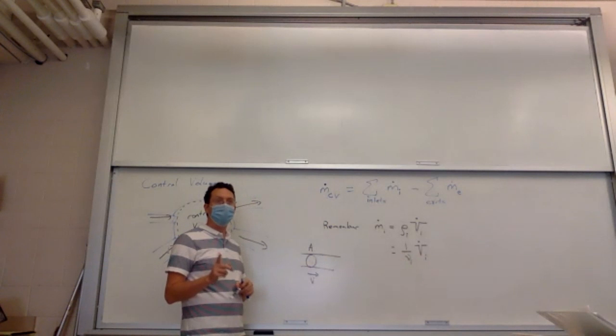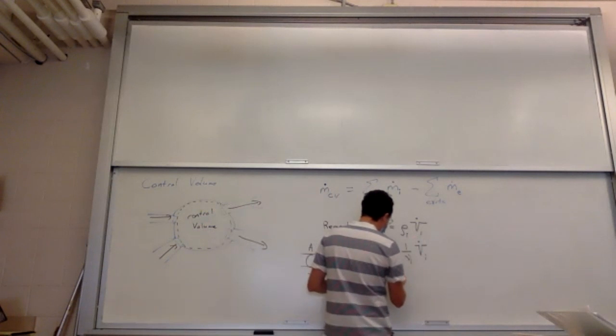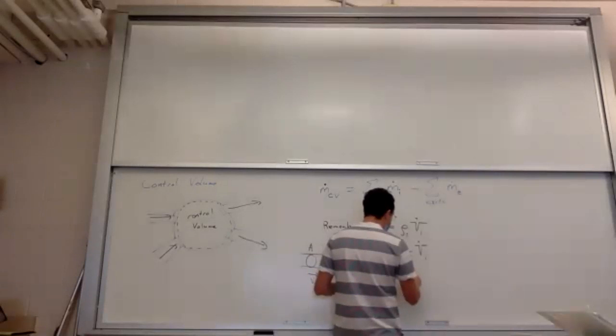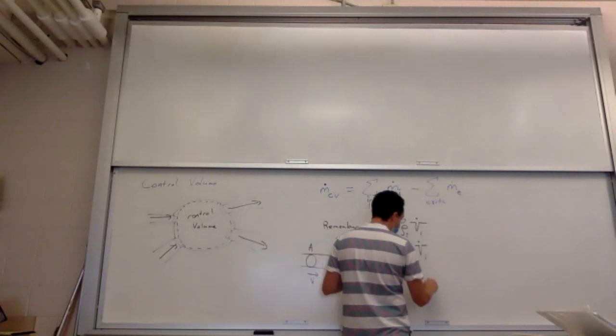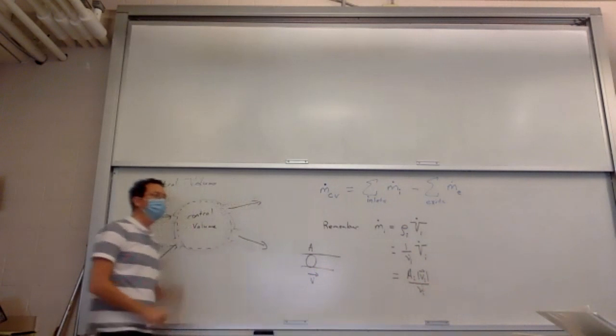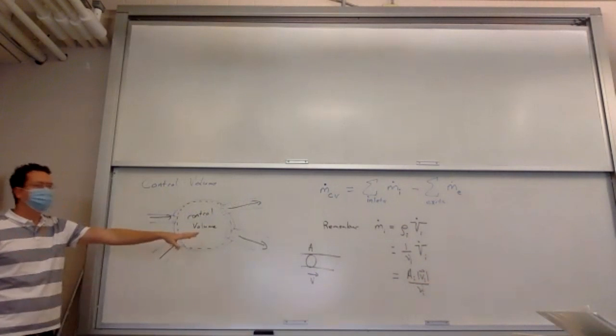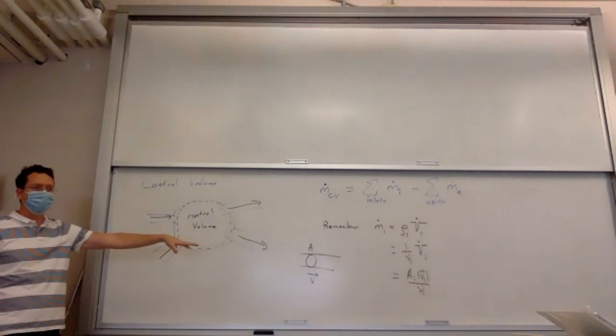Area times velocity, because it has to be per second. So a third way you could write this would be the area of the inlet, if we're talking about inlets, times the velocity at each inlet, divided by the specific volume at the inlet. Okay? And I wrote this for inlets, but you'd have all the same things for exits too.